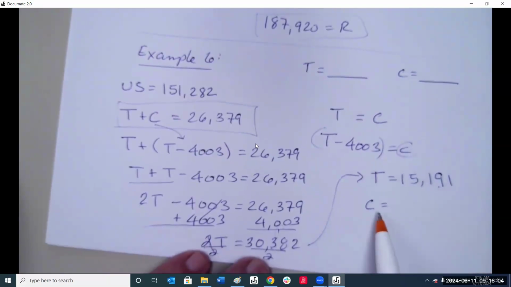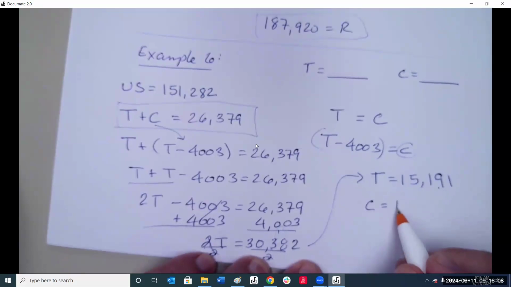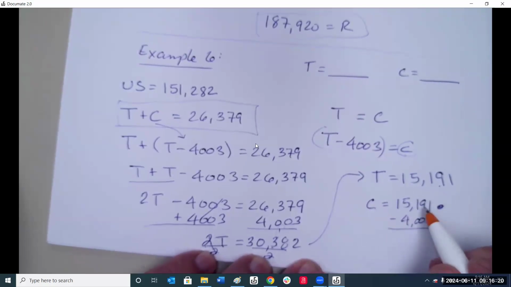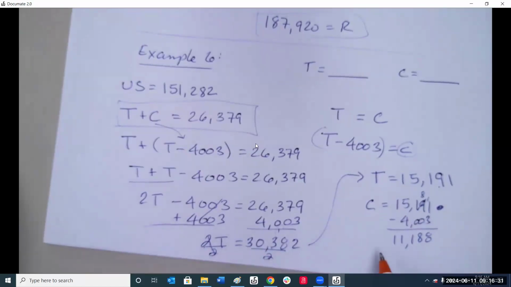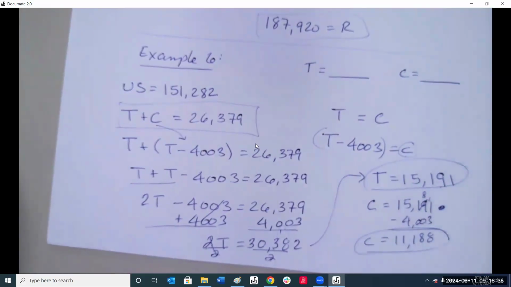Because the formula for California is Texas minus 4,003. So Texas is 15,191 minus 4,003. That's 8, 8, 1, 1, 1. So California has 11,188.